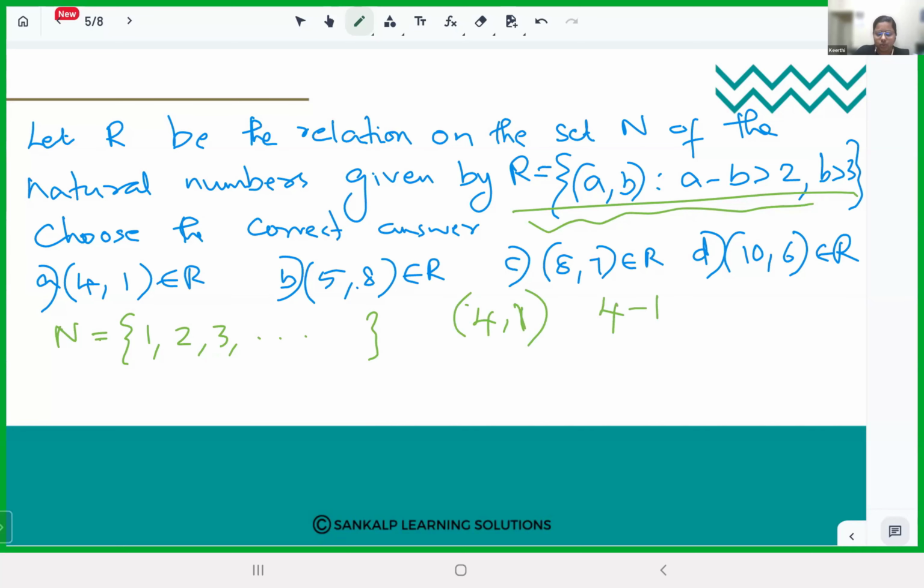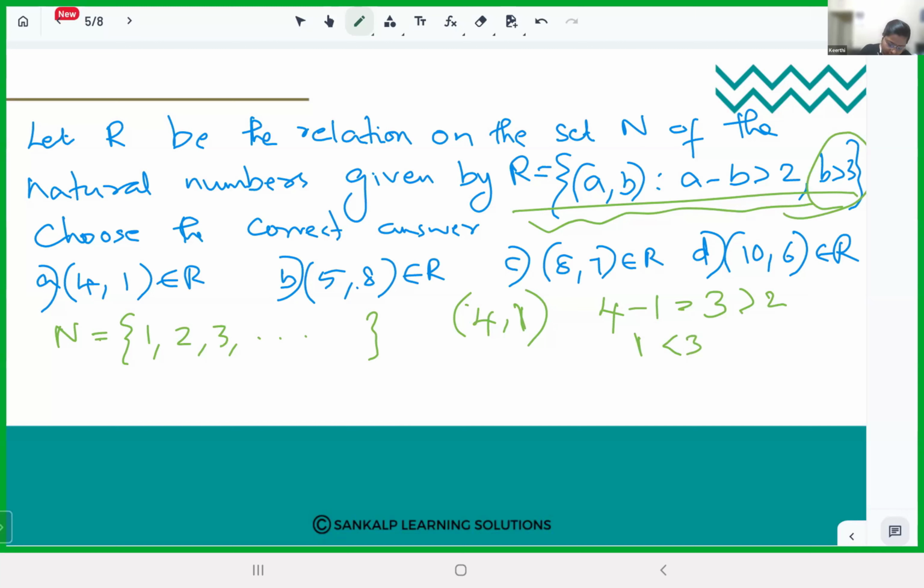Is 3 greater than 2? Yes, so the first condition is satisfied. Now we check the other condition: b should be greater than 3. Here b is 1. Is 1 greater than 3? No, 1 is less than 3. So it does not satisfy the second condition, and the ordered pair (4, 1) doesn't belong to the relation.